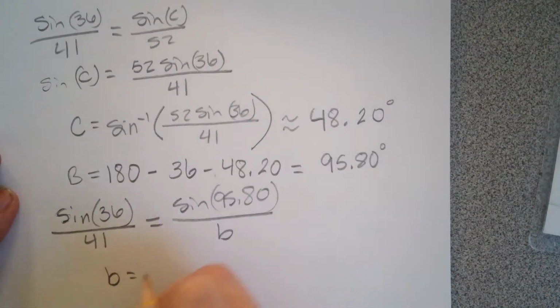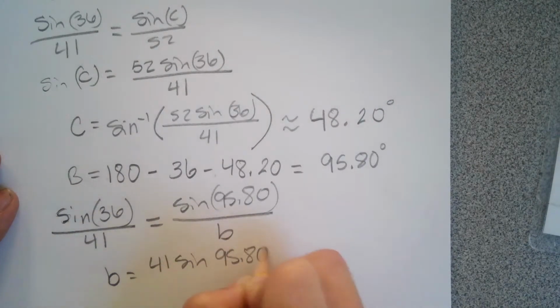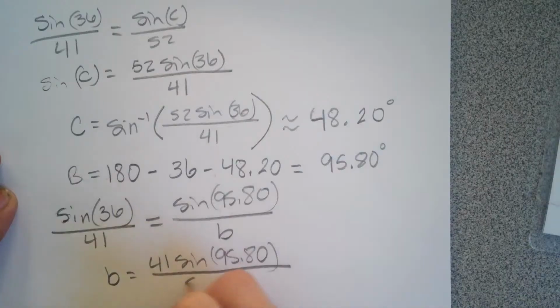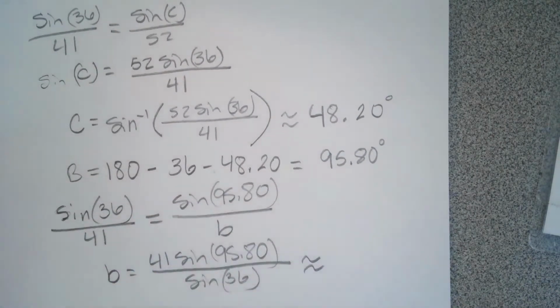So I get B is equal to 41 sine of 95.80 divided by sine of 36, which is approximately what?